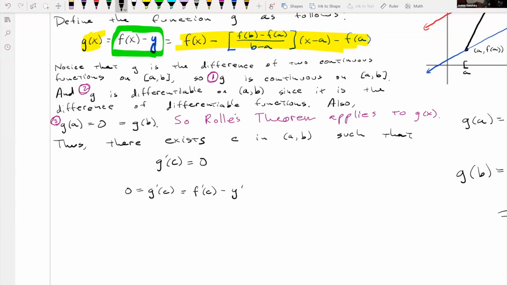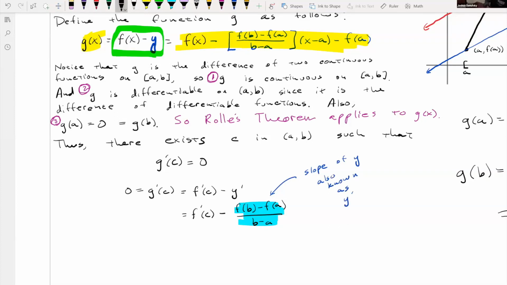So this becomes f prime of C minus f of b minus f of a all over b minus a. This here in blue is the slope of y, also known as y prime.